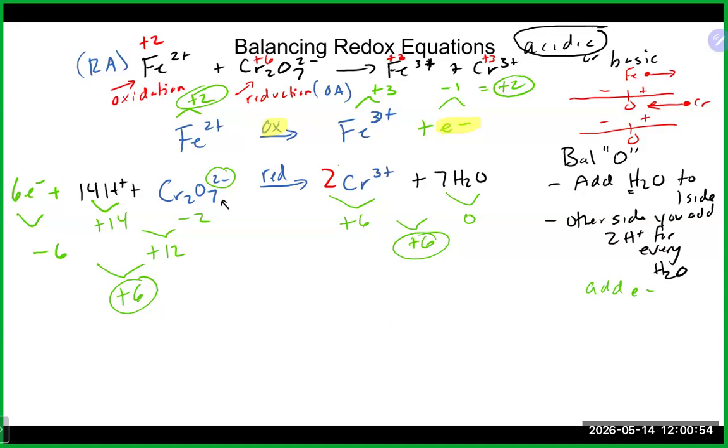And that's a good way to check yourself if you understand that. And when you do the reduction half reaction, electrons should end up on the reactant side. So again, this is a good way to check yourself. You didn't add them to the wrong side or anything like that. By the way, by previously identifying, you should know which side you should put the electrons on, because that should always happen in that direction. Any questions on that there?